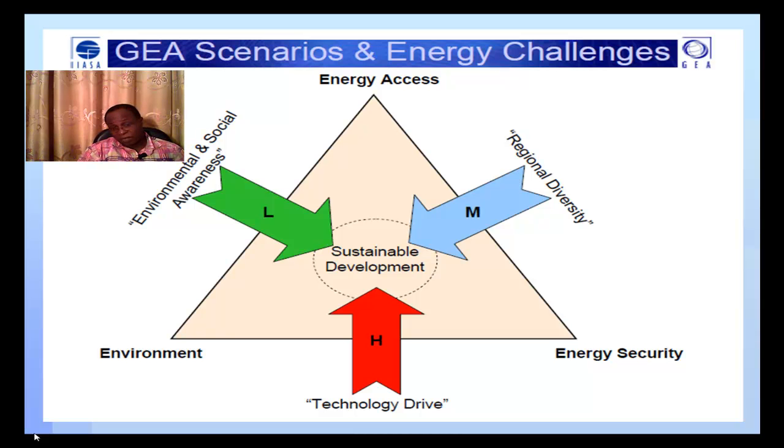And then there was the classical issue of energy security and also the environment. But superimposed on these were the technology drivers, the extent to which new technologies are being developed, the regional diversity driver, the diversity in supply sources, diversity in usage patterns. And then the third was the environmental and the social awareness.